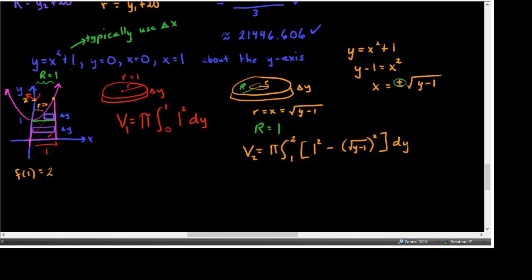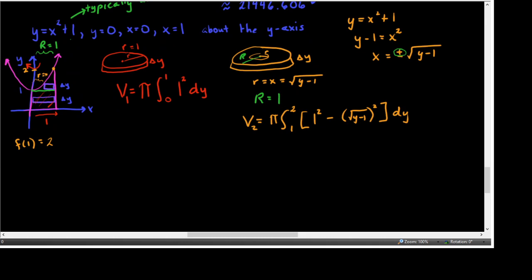Okay. So again, this is a good one for you to practice and make sure that you can get correct answers on your own. This red one ends up being pi. So that'd be something you could test yourself on. And the second one ends up being pi over 2.